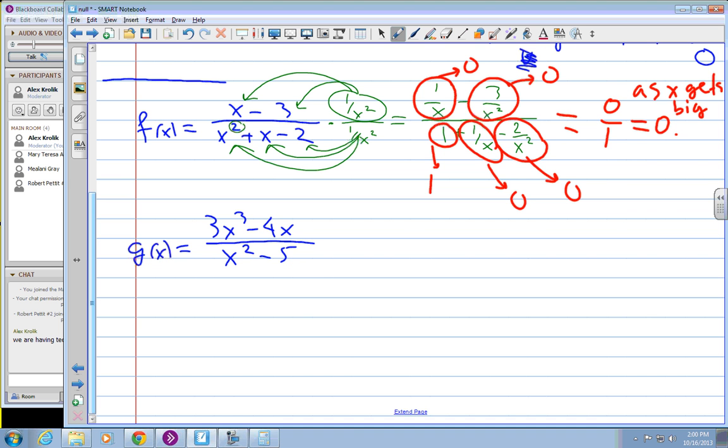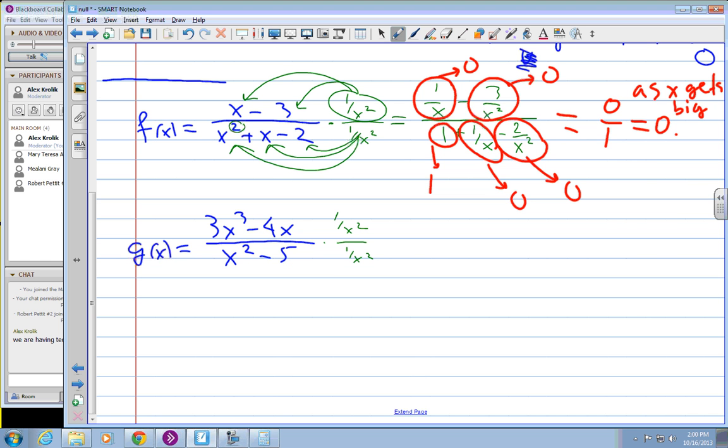Okay. Now, how about this one? We're going to start the same way. We're going to look at the denominator and identify its degree, which is what? 2. So then I'll do the identical thing: 1 over x squared over 1 over x squared.